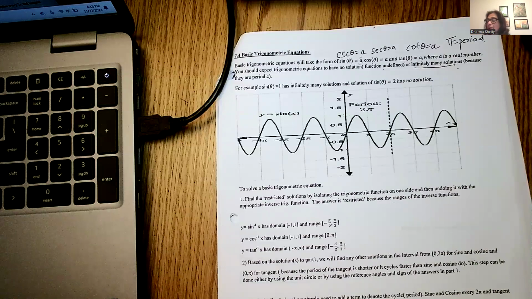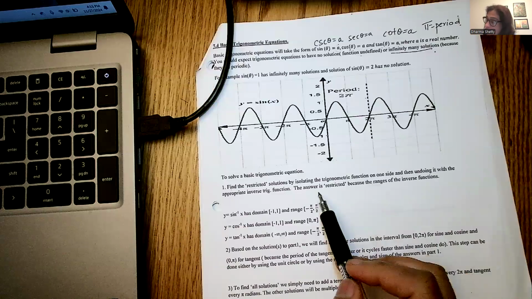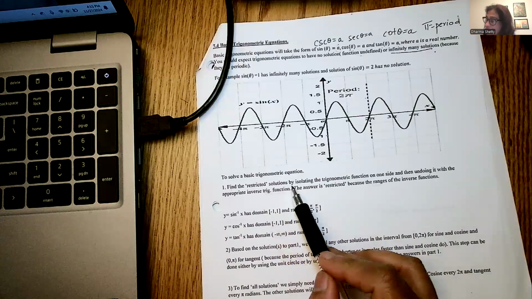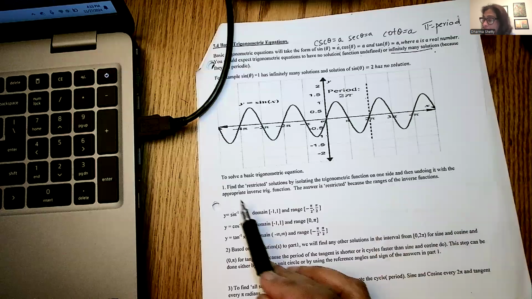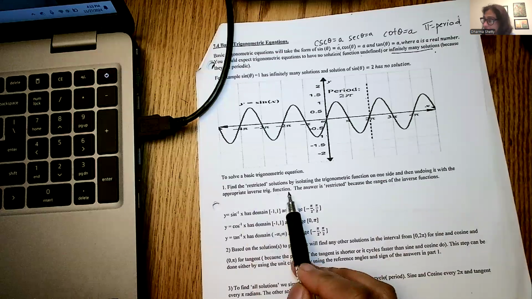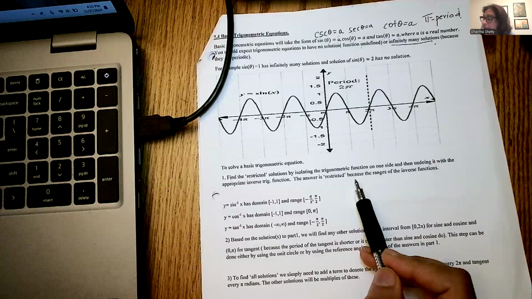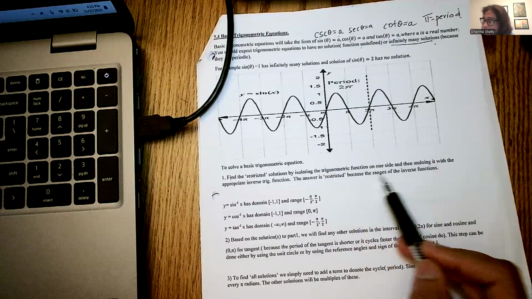We can find angles only in the restricted range, and then we will have to manually find all the other angles we want in a given period. Okay. So to find the restricted solution, we isolate the trig function on one side and then undo it with an inverse trig function. The answer is restricted because of the ranges of the inverse function.